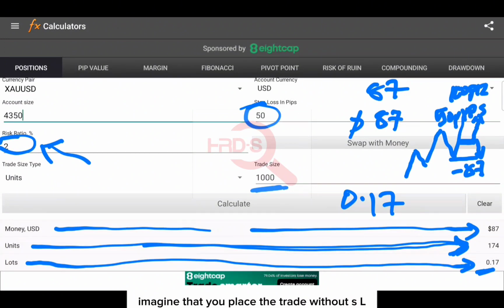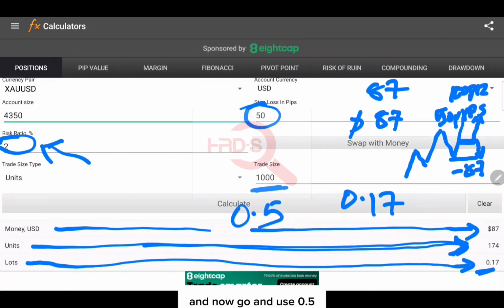Imagine that you placed a trade without SL or without calculating, or maybe imagine that even though I had $4,350 as capital, I now go and use 0.5. You know what will happen? When I use 0.5 without checking my position sizing to know the proper lot size, when market hits my SL, I'm going to be losing if not up to $1,000 because I did not calculate.